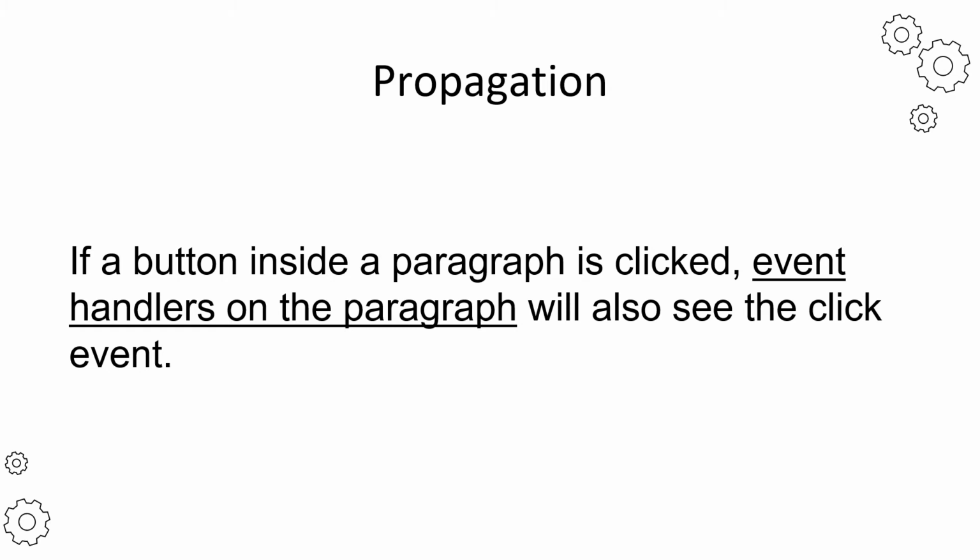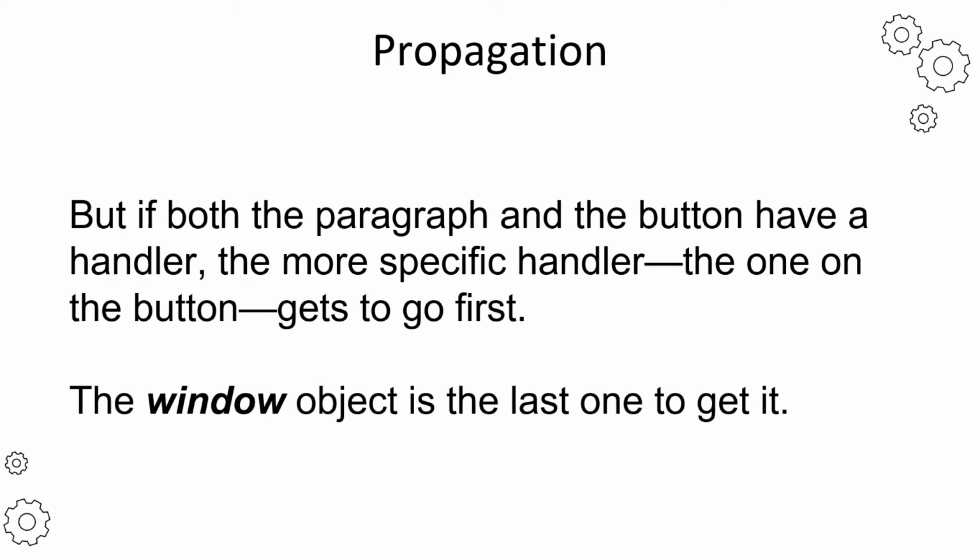So if a button inside a paragraph is clicked, event handlers on the paragraph will also see the click event. But if both the paragraph and the button have a handler, the more specific handler, the one on the button, gets to go first, and the window object is the last one to get the event.